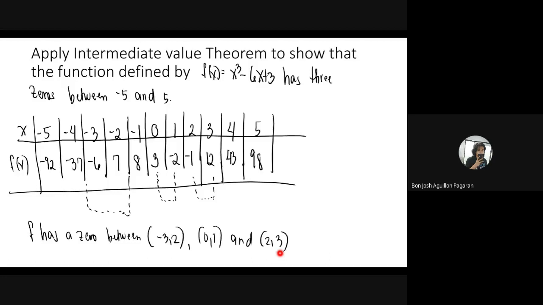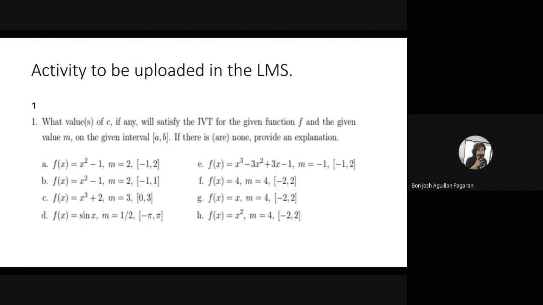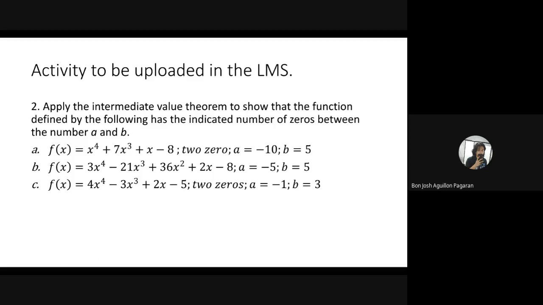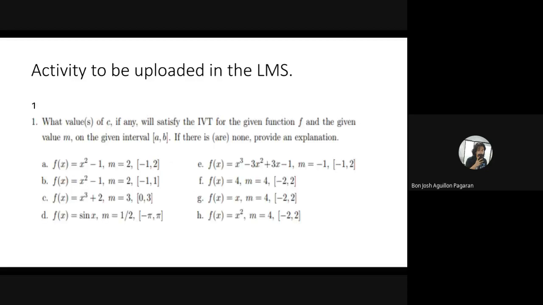This will be your last activity for this grading. Napakahaba. Yes, napakahaba talaga. Kaya nga I advise you, kapag gagamitan nyo na to, kaya tatlo lang binigay ko. Gamitan nyo ng calculator. Here, activity to be uploaded in the learner's management system. What values of c, if any, will satisfy the IVT for the given function f and the given value of m on the given interval AB, if there is, or none, provide explanation.